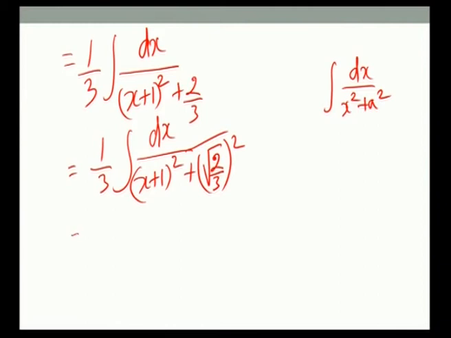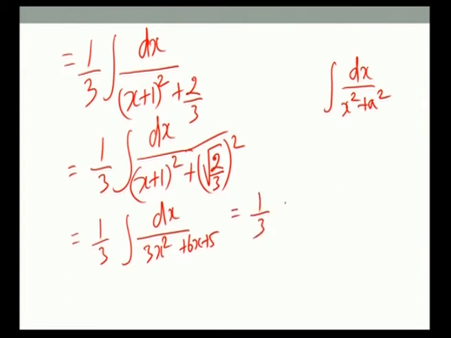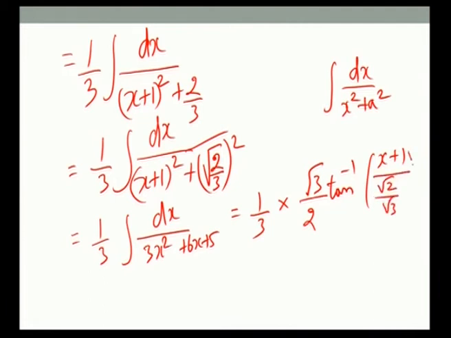Now we can apply the formula for the standard integral form. The integral of dx over x square plus a square is equal to 1 by a into tan inverse of x by a. So here, 1 by 3 comes as it is, into root 3 by root 2 into tan inverse of x plus 1 over root 2 by root 3, plus c.